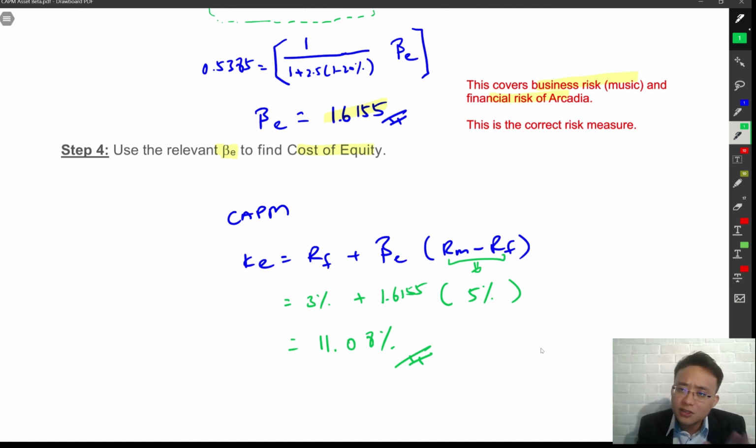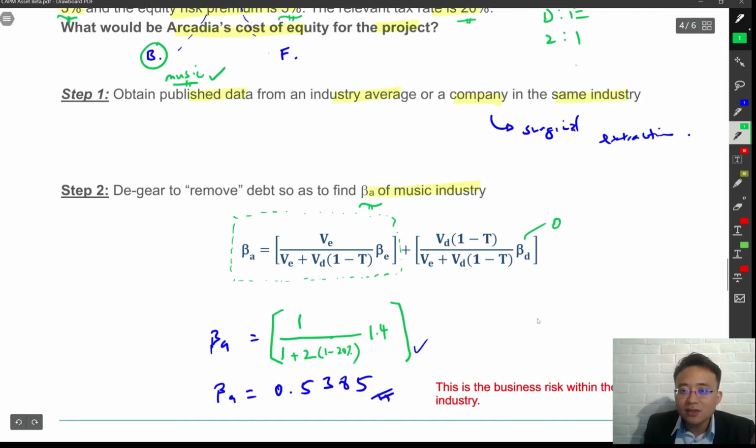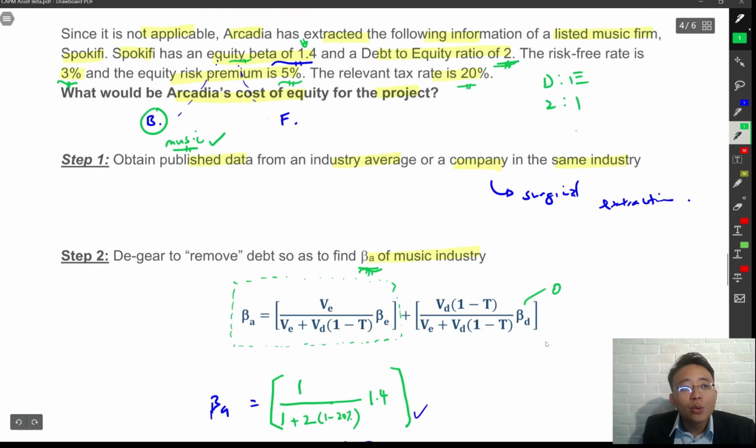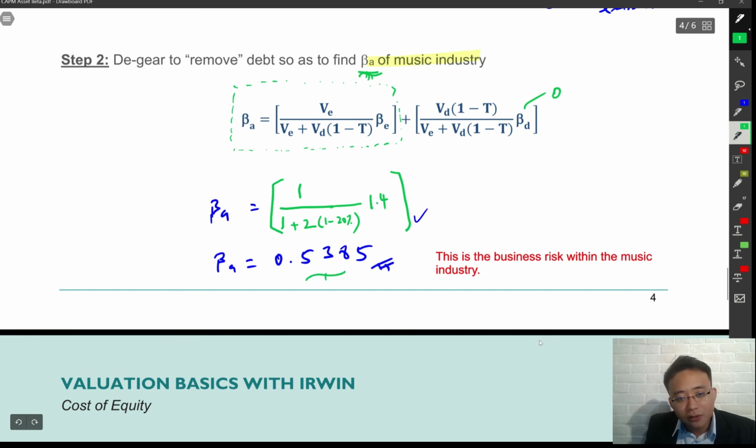Alright, people. So using the numbers within the question, we have found what we would do if a company changes its business model. When it changes its business model, the business risk changes. When the business risk changes, you must find the correct business risk to put in. So what did we do? We went to Spotify and said, Spotify, you contain the business risk that I'm looking for. I will surgically extract this via the formula, and get the business risk of the music industry, beta asset.